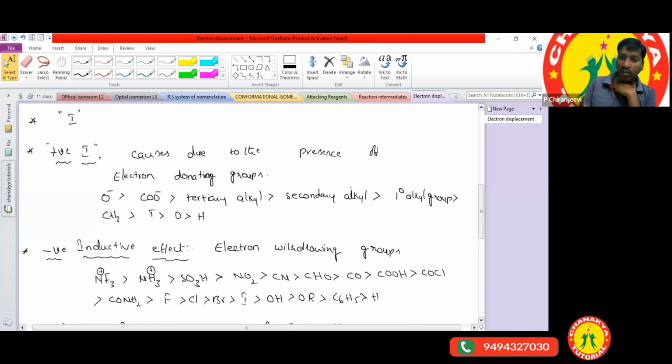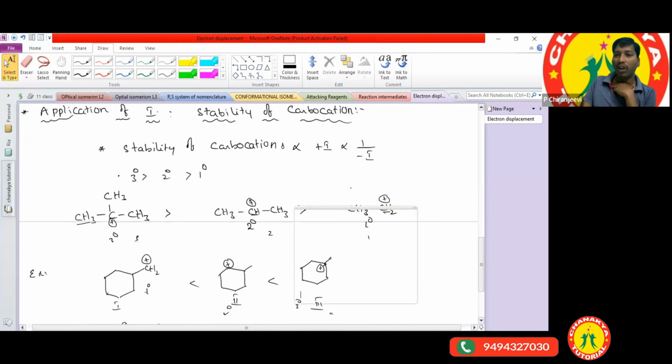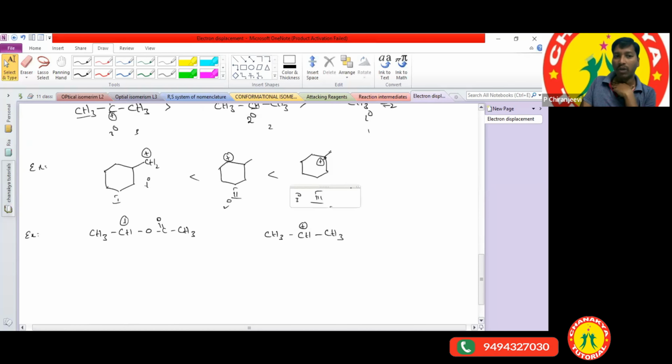Here, based on the plus I groups and minus I groups, we are going to explain the stability of the carbocations. That is what we call the applications of the inductive effect. So what are the applications of the inductive effect?